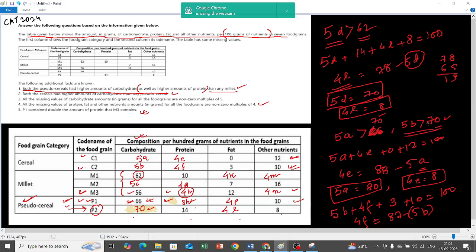Sir, 71. How is 5b 70 or 71? 5b should be a multiple of 5, right? It is a multiple of 5. How is 71 a multiple of 5? Multiple of 5 means what? Something which is divisible by 5.